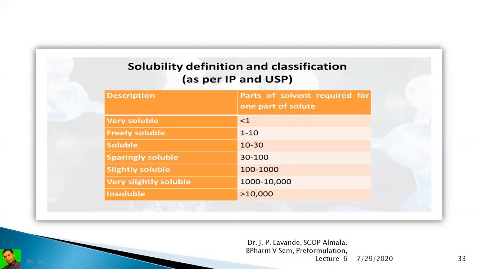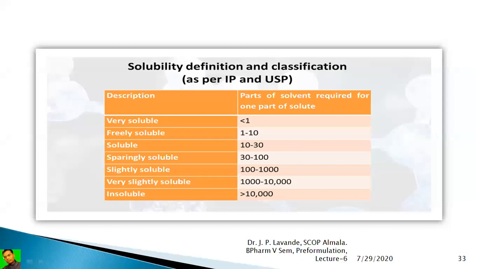Now, we cannot say just by thumb rule what is the meaning of freely soluble, very soluble, soluble, sparingly soluble, or insoluble. There are specifications. There is a classification which is official in the Indian Pharmacopoeia and the United States Pharmacopoeia.